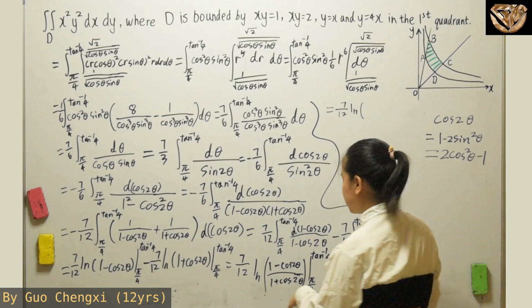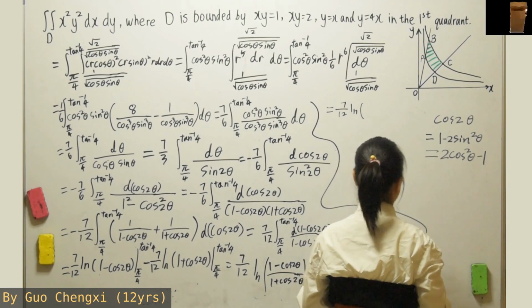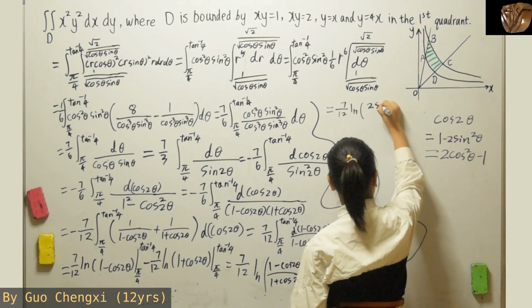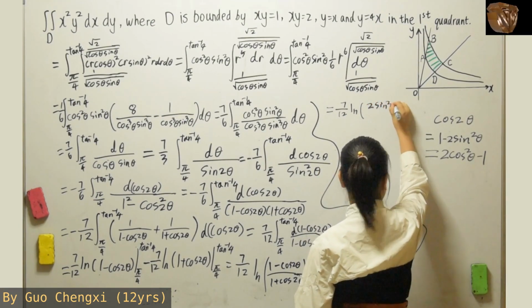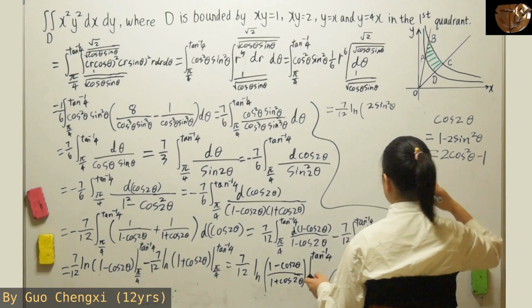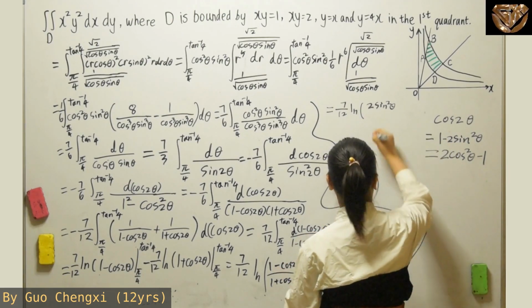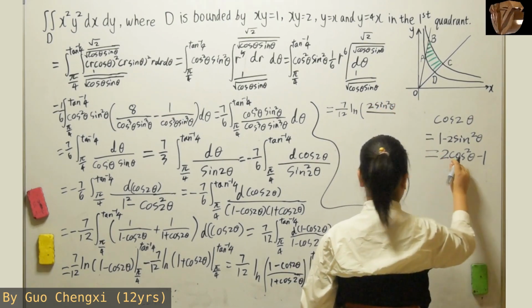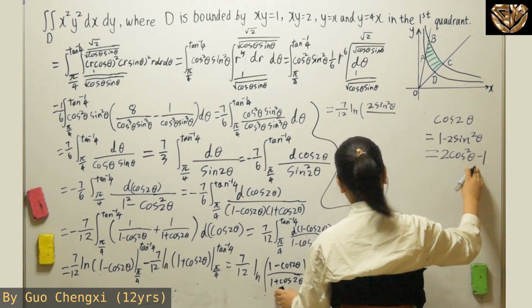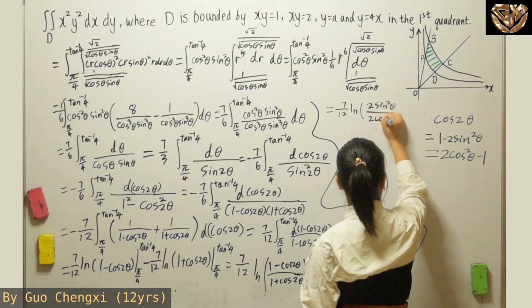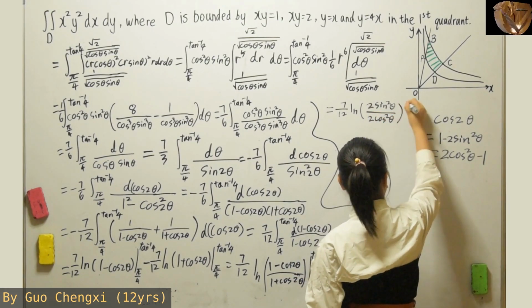We use the double angle formula for this part, whereby we're going to get 2 sine square theta. The 1 minus 1 will cancel each other out, and the negative and negative become positive. For the denominator, the 1 and the negative 1 will cancel each other out, and we'll have 2 cosine square theta.